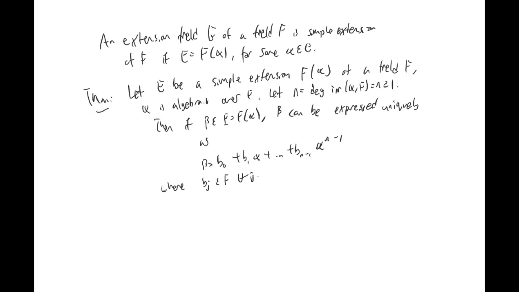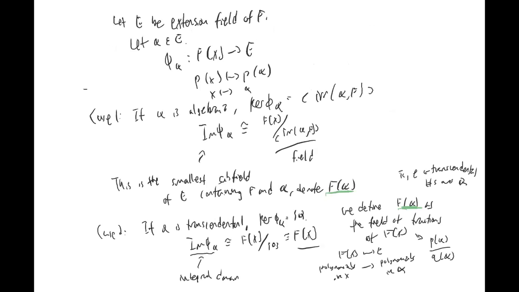So this is actually clear, right? Because if you go back, the image of phi was isomorphic to F of x quotient the thing, right? The elements in the image of phi are just polynomials in alpha. But there's a relation, some of them give 0. Agree?